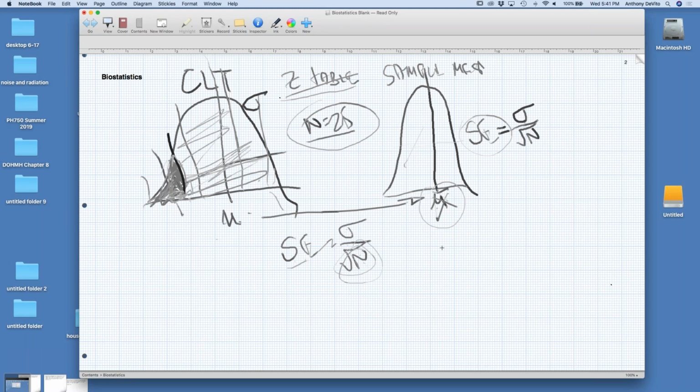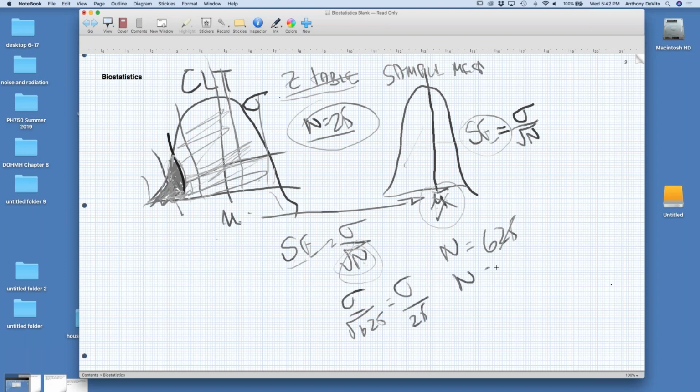So if n is, let's get a nice even number here. If, let's see, 16, let me think of something. 10. Let's see, 25. If n is 625, then the standard error is equal to sigma over the square root of 625, which is equal to sigma over 25.